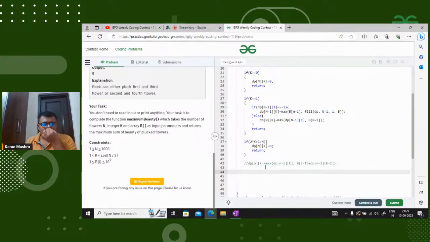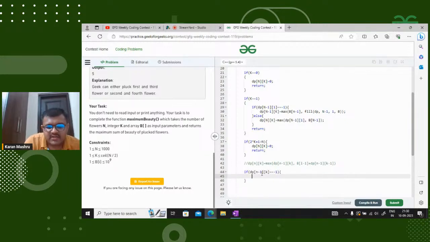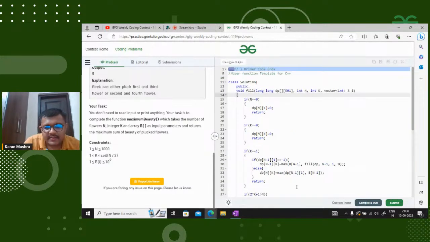So now I need to check whether dp of n minus 1 and k minus 1 is filled or not. So if dp of n minus 1 k equals -1, then first of all fill that. So fill dp, then sorry, these are capitals, so I'll take them as capital.